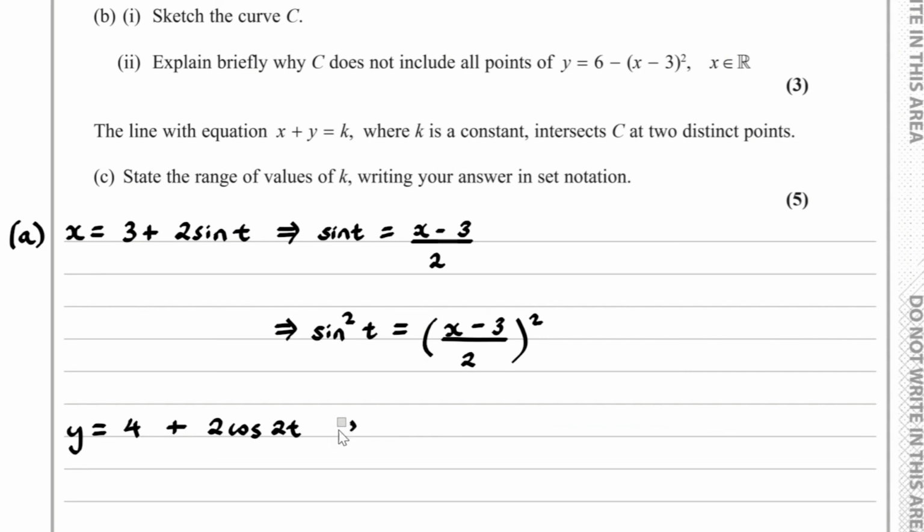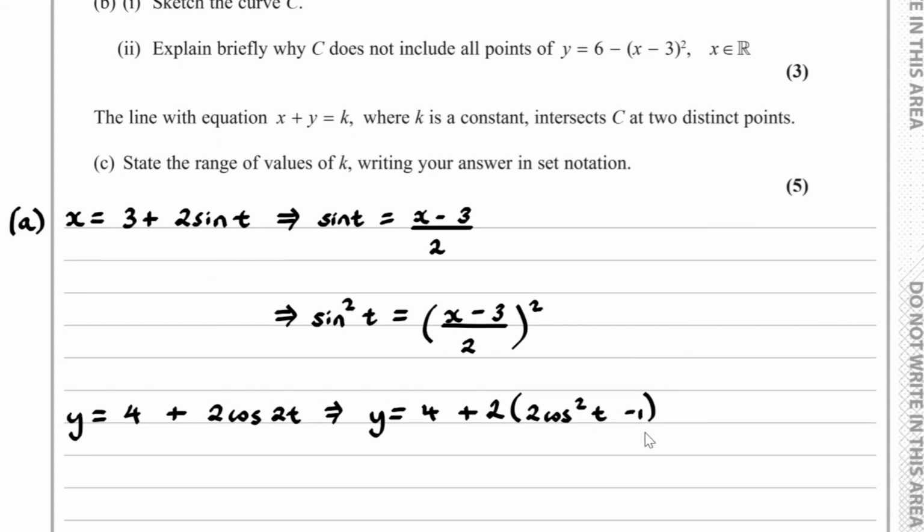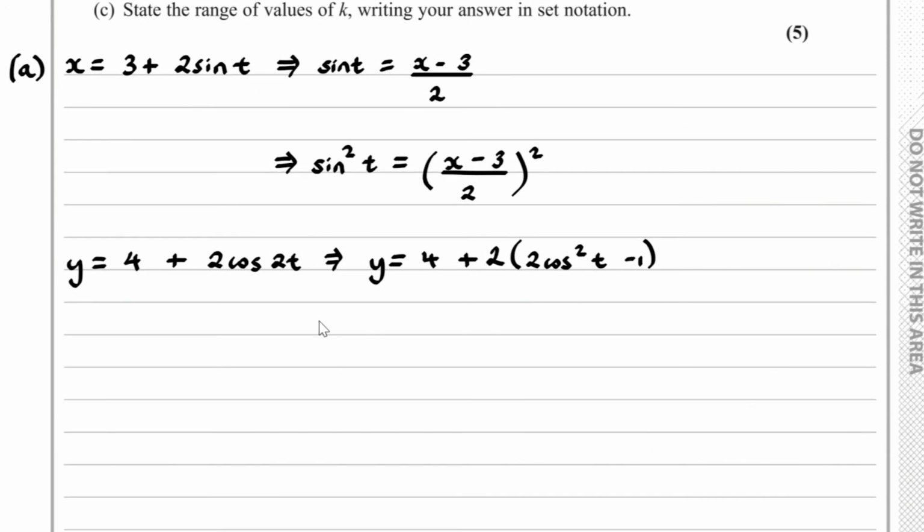So what I've got here then is y equals 4 plus 2 multiplied by 2 cos squared t minus 1. And if I expand and simplify, well, I've got 4 minus 2, which is 2. And if I rearrange for cos squared, we can see that cos squared t is equal to y subtract 2 over 4.